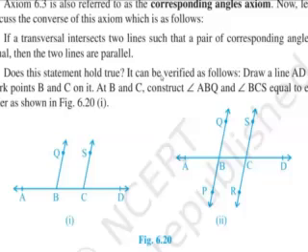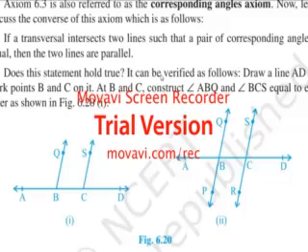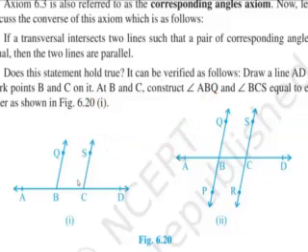You can see, draw a line AD and mark B and C on it. At B and C construct angles ABQ and BCS. You can see over here in the figure, ABQ and BCS have been drawn equal to each other.